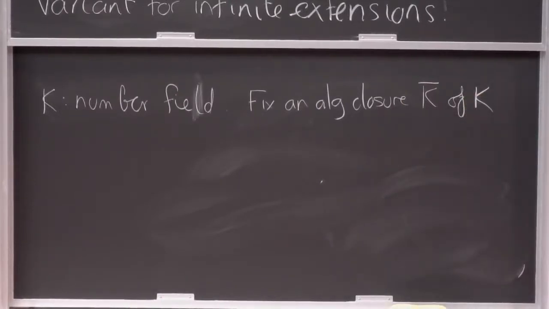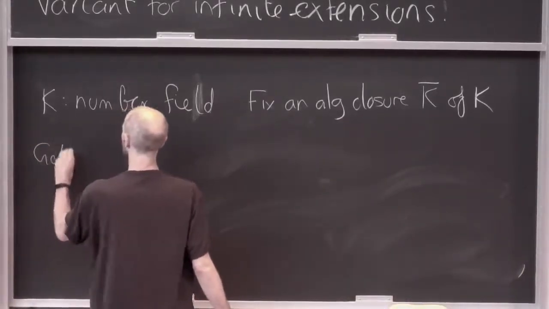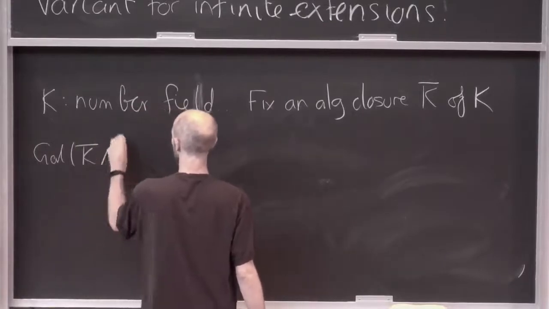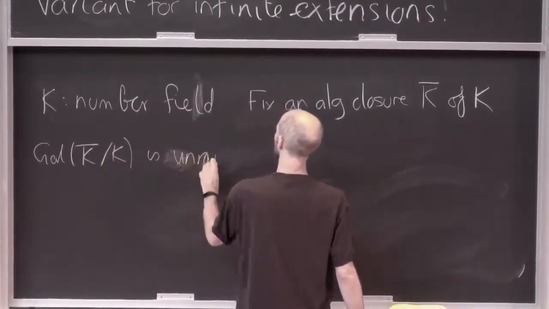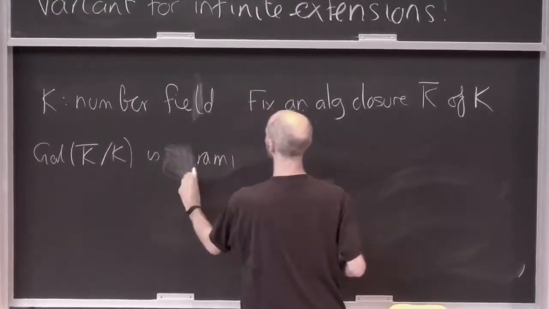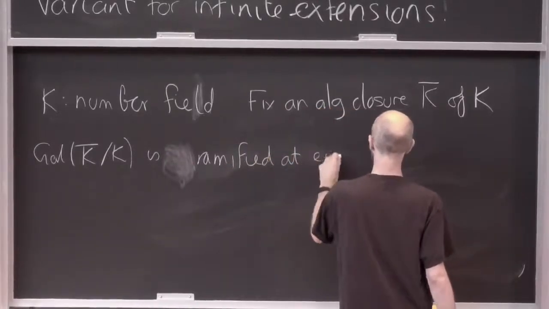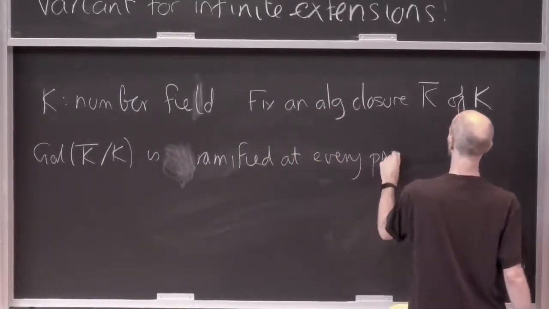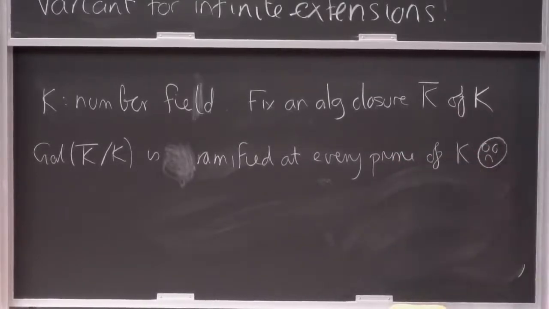Okay. And now, here's the problem. The irritating thing here is Gal(K-bar over K). This is too big, right? No, it's unramified at no primes. It is ramified at every prime of K. So that's not good.